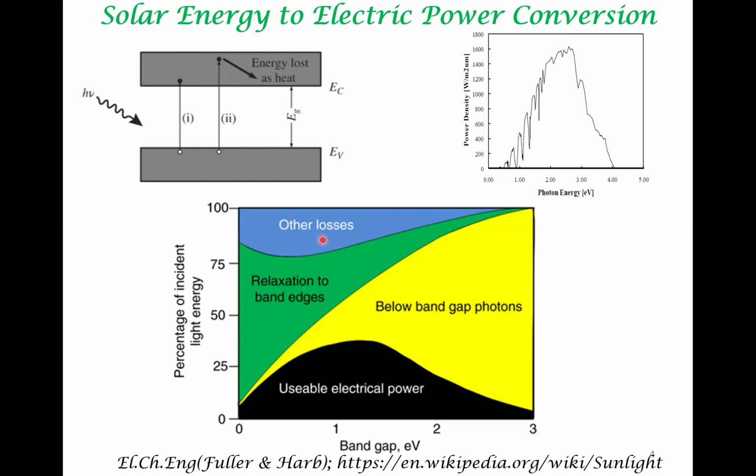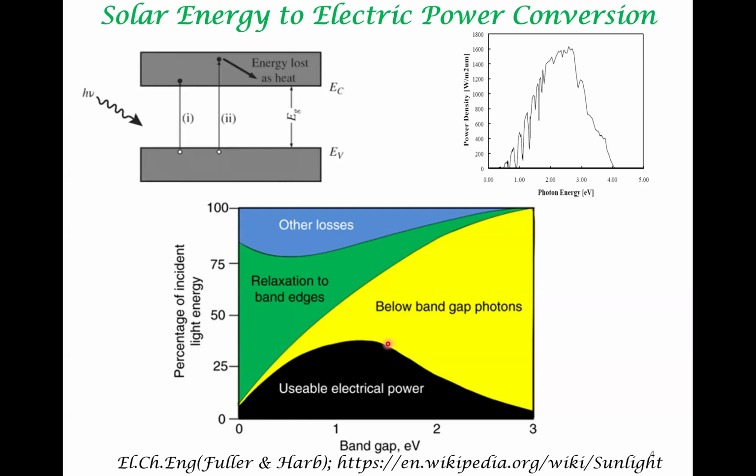Okay, so that involves the other features involving current and so on. So that is not going to be discussed in detail, but these two features, that is, the energy that is lost as heat, which was discussed, and the amount of photons that have more than the band gap, is also indicated by this yellow region.